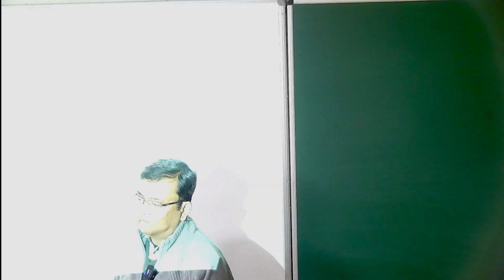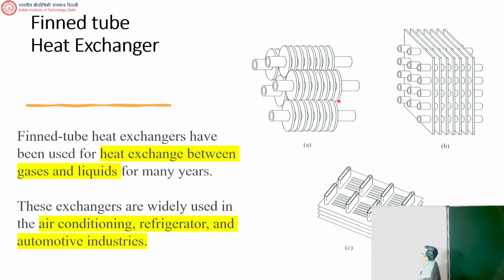So if you have a gas giving you a small value of H, then U will be closer to that smaller value of H. So that becomes a problem. So to help that situation, we built fins. We built fins on the side where the gas flows, because on that side the heat transfer coefficient is smaller, right? So that's why we have these areas.